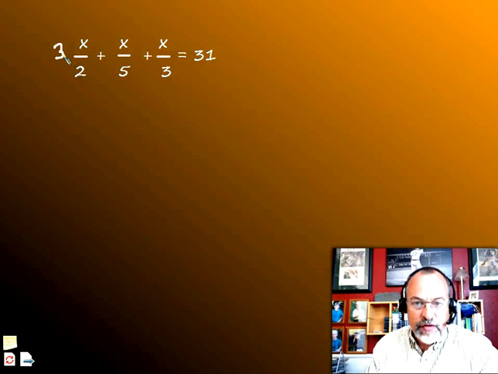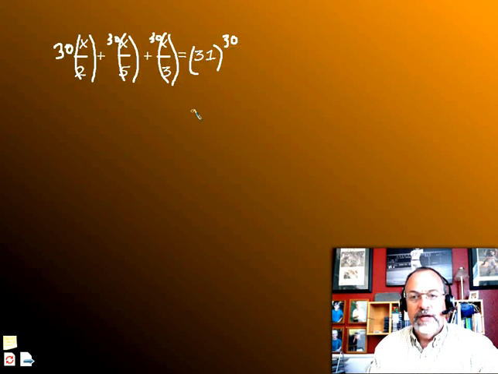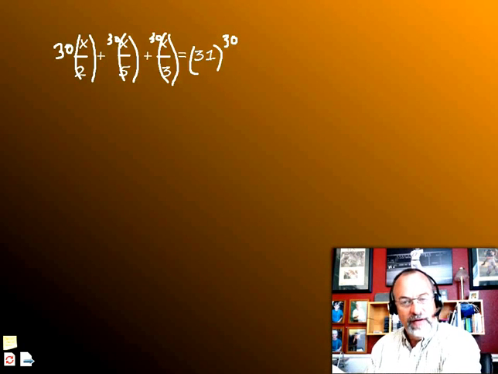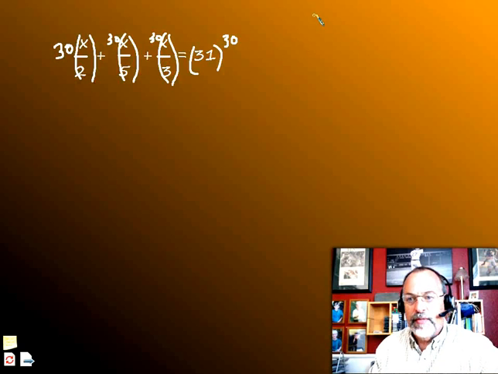So if I multiply this first fraction by 30, and I multiply this second fraction by 30, and I multiply this third fraction by 30, and I multiply this number by 30, as long as I do it to everything, the property of equality says I can do that, you'll see that all my fractions are going to go away.